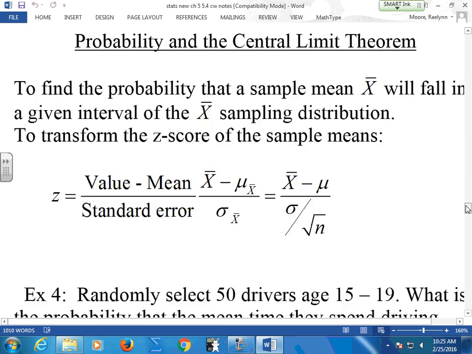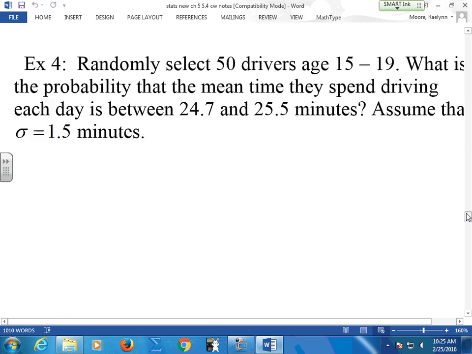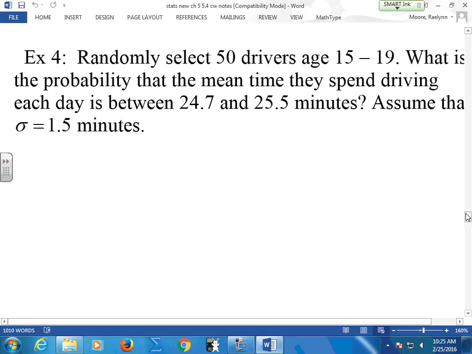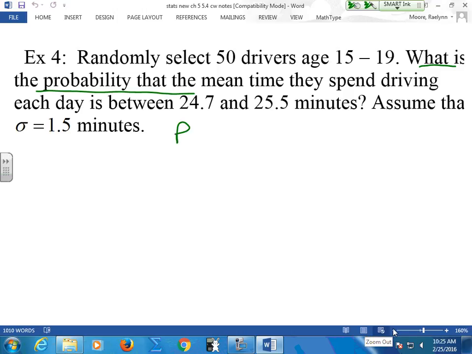All right. So let's take a look at why we use this. Example 4. You randomly select 50 drivers age 15 to 19. You ask the question, what is the probability? I got a probability statement. When I ask for a probability, what kind of number do I get?